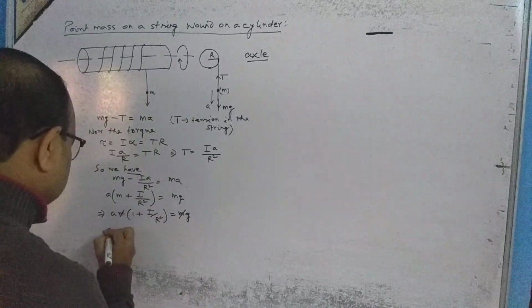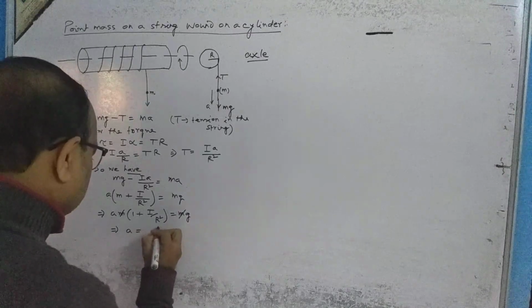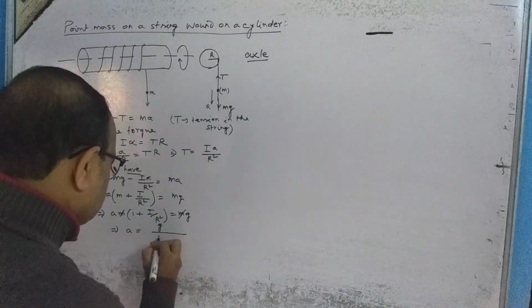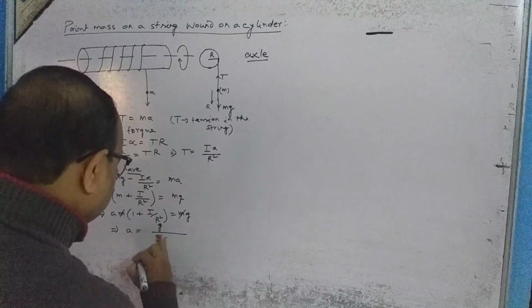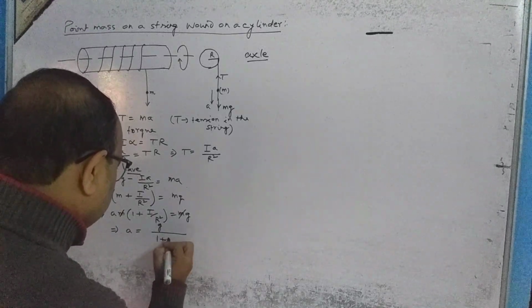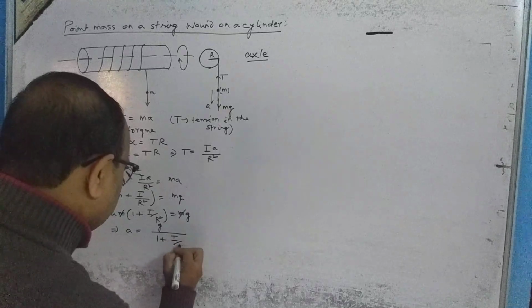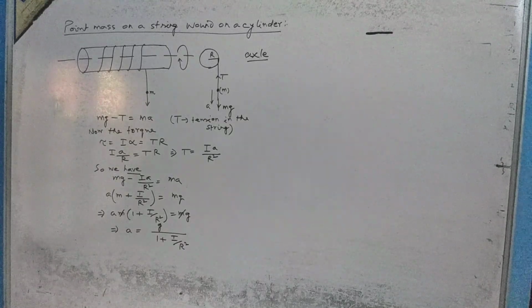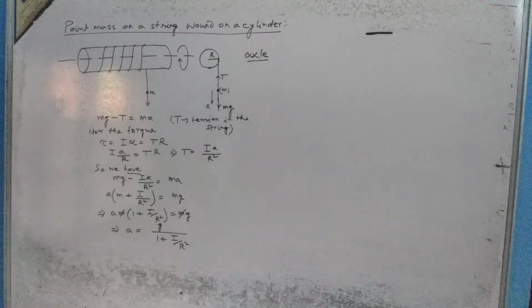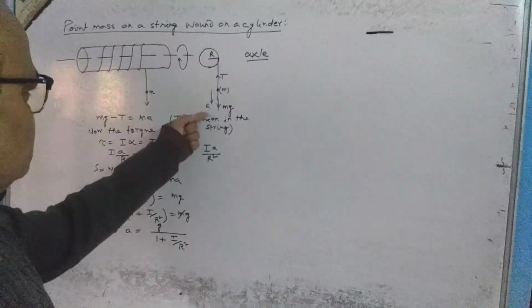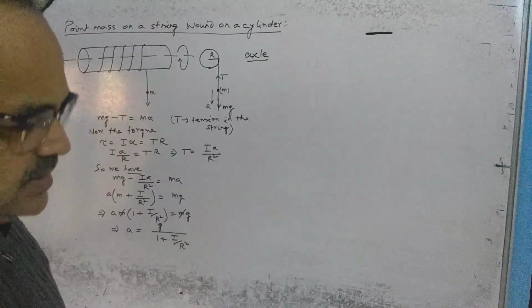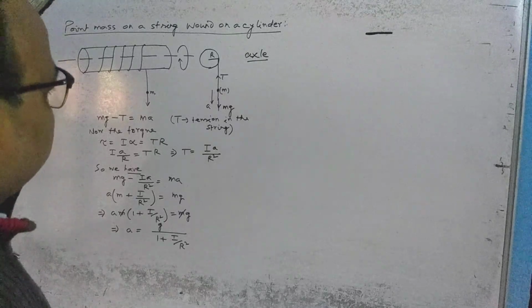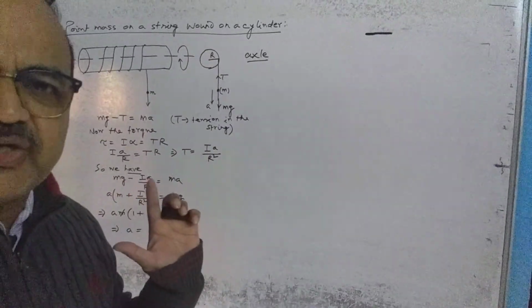M and m cancel, which gives us a is equal to g divided by 1 plus I by R square. This is the acceleration of the point mass moving down. I hope it is very much clear to you. This is the discussion.